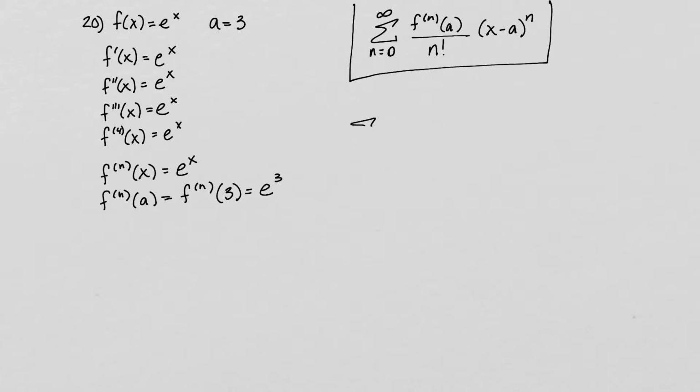So our formula is going to be the summation n equals 0 to infinity of e cubed, that's the nth derivative evaluated at a, over n factorial times x minus 3 to the n. Does that make sense?